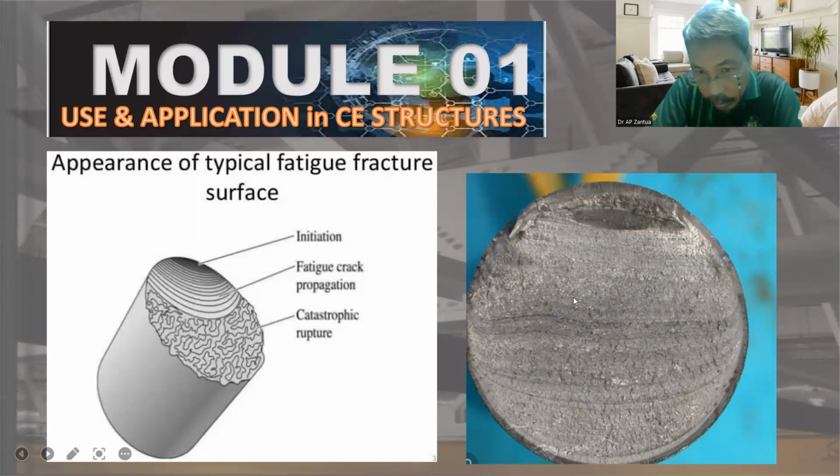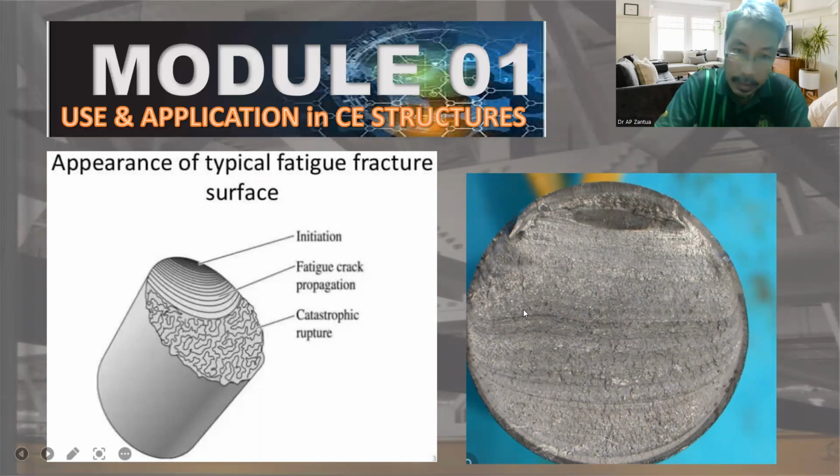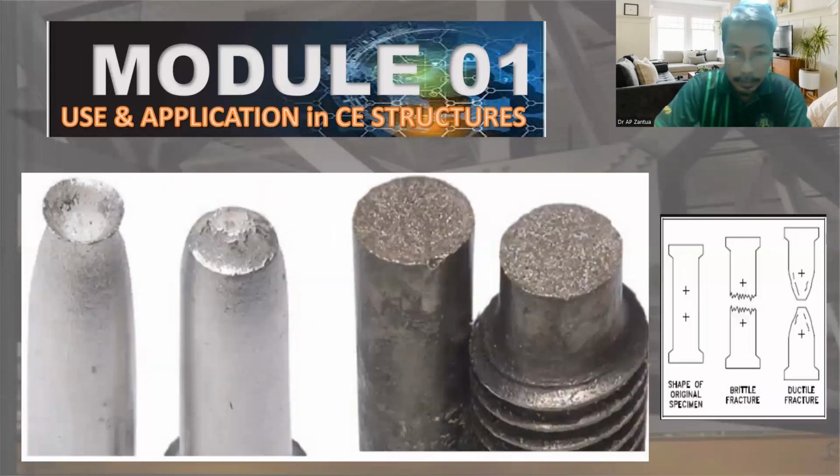This texture is different from this texture, and there is also a different texture characteristic here. So that is the initiation part, the fatigue or crack propagation, and the catastrophic fracture. Three parts in a typical fatigue fracture surface.